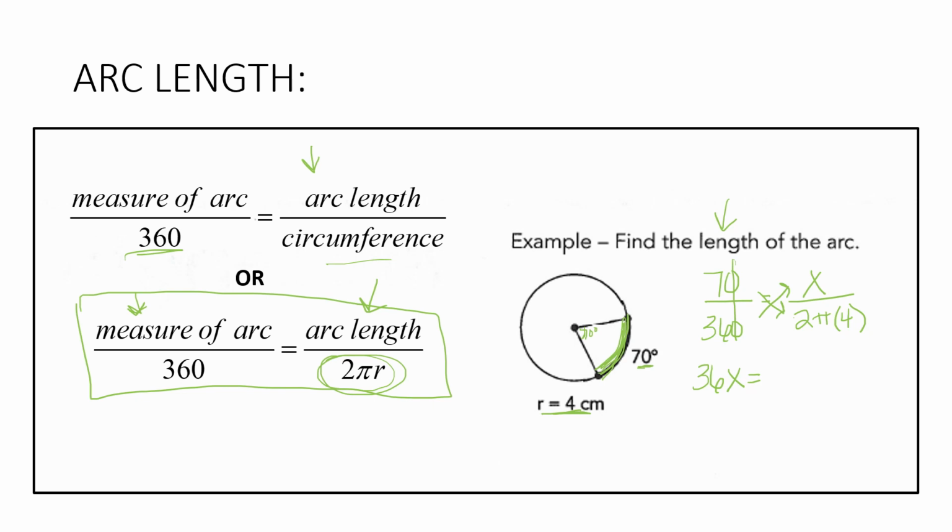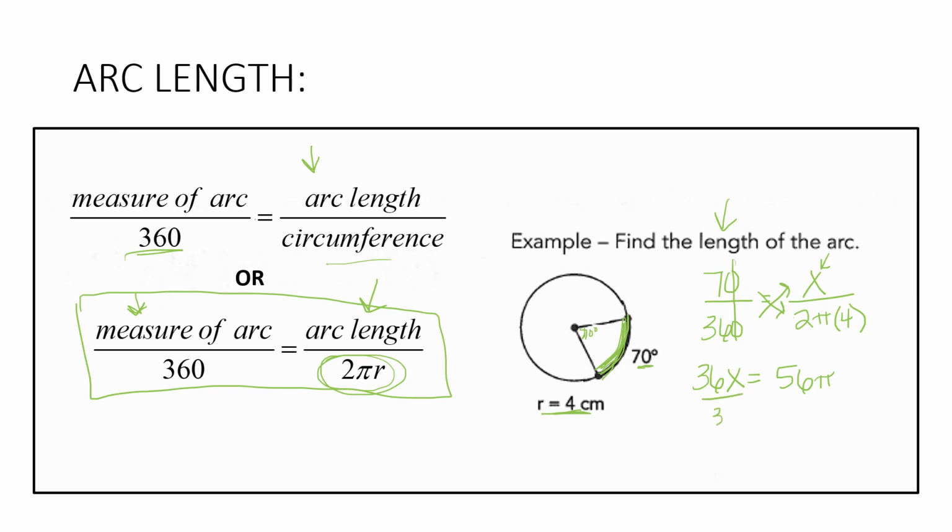So I have 7 times 2, which is 14. And when you take 14 times 4, you should get back the number of 56. So I'm leaving pi involved now because I don't want to have to type in any decimals until I get to my final answer. So I'm leaving the pi in there until I'm trying to solve for my very final answer. Now again, we're trying to solve for x because that's my arc length.